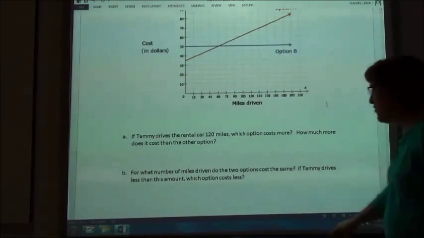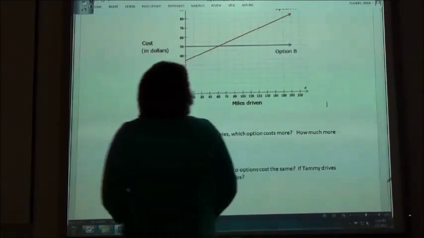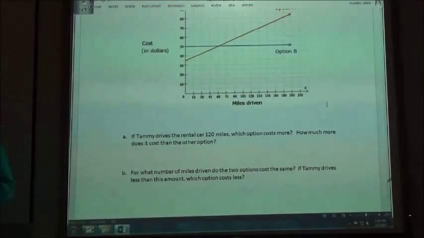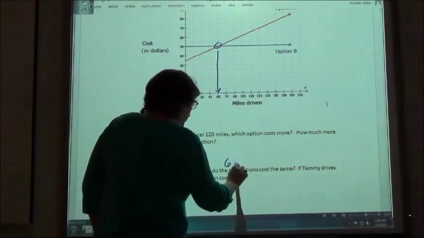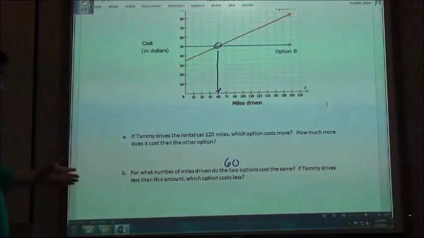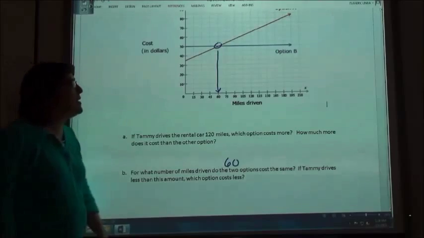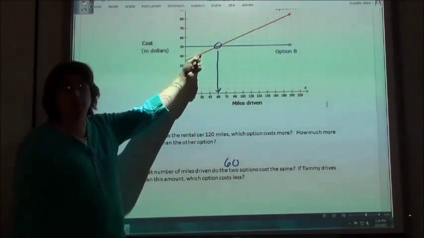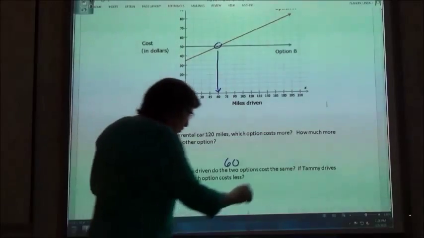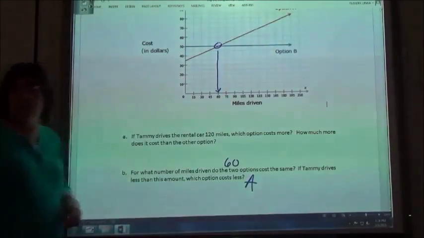For what number of miles driven do the two options cost the same? 60. They intersect here at 60. If Tammy drives less than this amount, less than 60, which option is going to cost me less? So if I pick something less than 60, option A is the one I run into first. So that's the one that's going to cost me less.